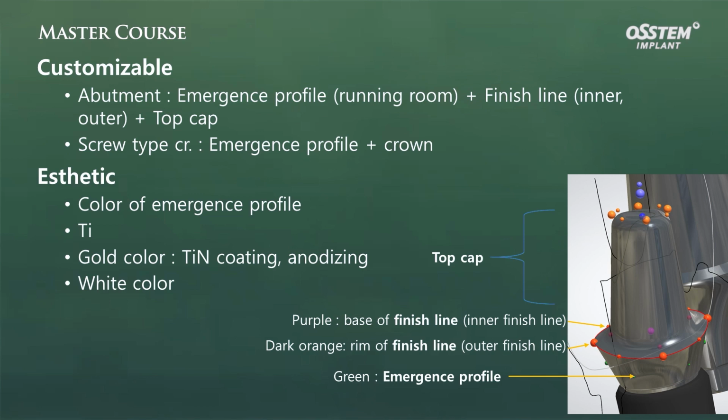You have inner and outer finish lines, and also the top cap. When I say top cap, I don't know whether it's official terminology, but it means the upper part. So three things are customized: emergence profile, finish line, and top cap.